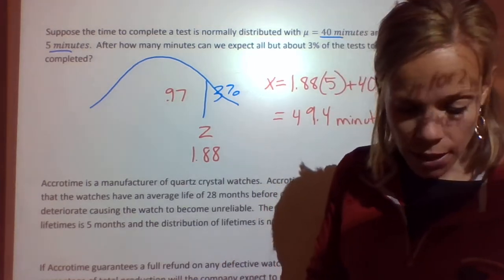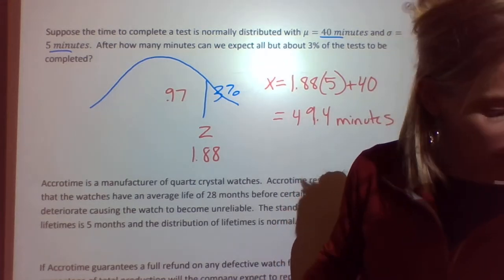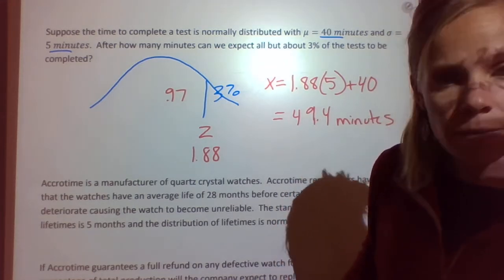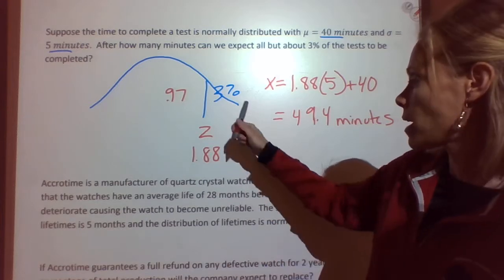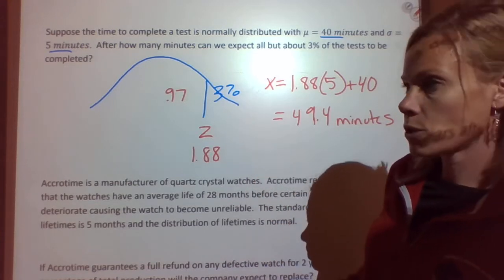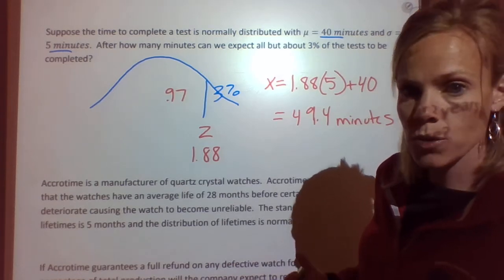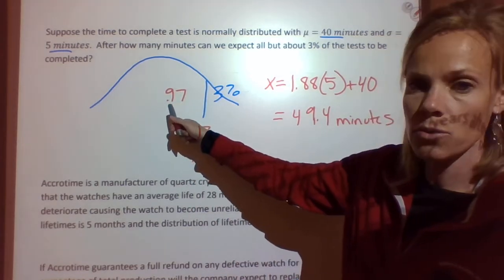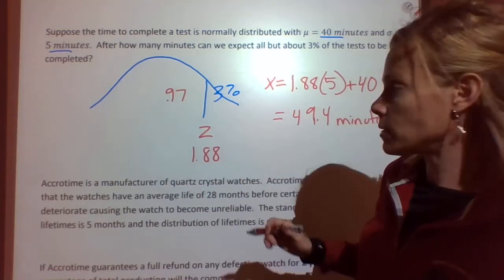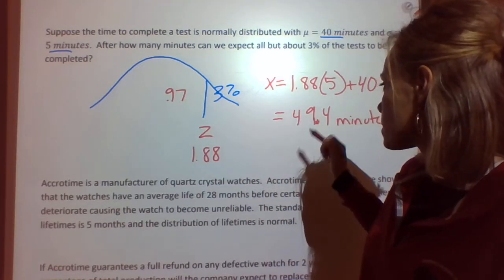Okay, so within a 50-minute class period, I can expect almost everybody except for that 3% of my students to maybe have to stay later and finish the test. Okay, most will be done though. 97% of my students will be done within the 50 minutes, right? 49.4 minutes.